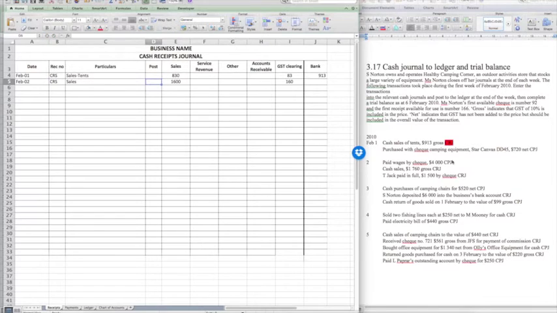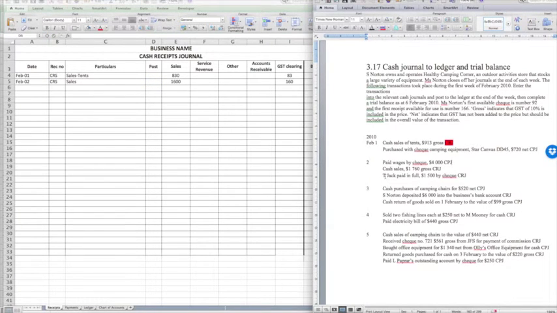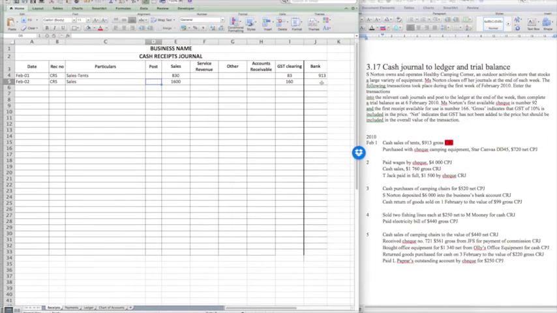Now if we have a look back over here, we do have another transaction for the cash receipts journal for the 2nd of February, so we won't pop it straight into the bank column yet. We'll put this one through as well. So this is an accounts receivable. It was $1,500.